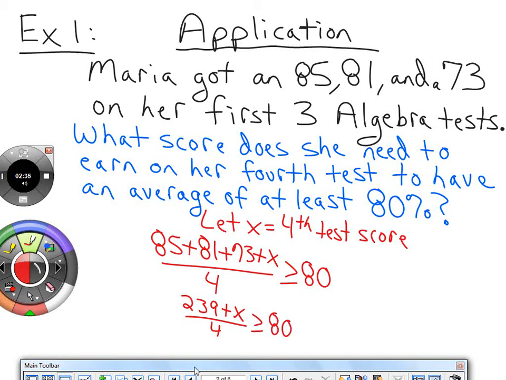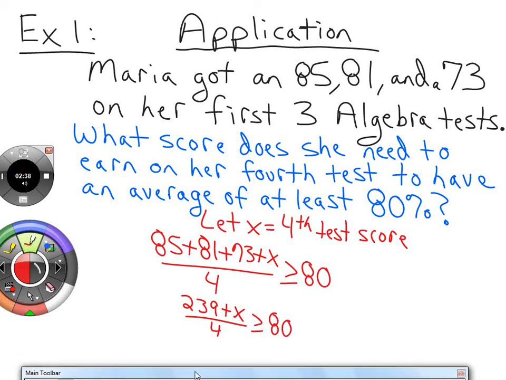I'm trying to solve for x, so I want to get rid of that 4 on the bottom. So I'm going to multiply both sides by 4, and of course slightly running out of room. Multiplying by 4 cancels that out, and that's going to be 239 plus x is greater than or equal to 320.